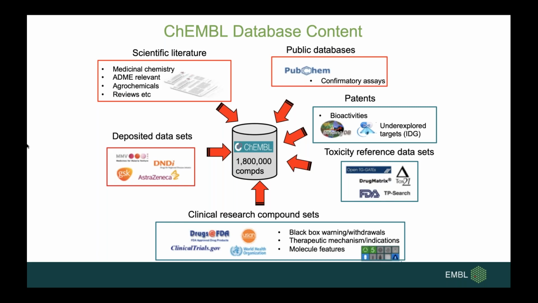In addition to that, we also have data sets that various people have deposited, particularly around neglected diseases, but also data from some pharma companies that has made its way into ChEMBL. We extract a subset of data from the PubChem database, and we're also taking some data from patents. Some patents have actual bioactivity data in them, and we're putting that data into the database.